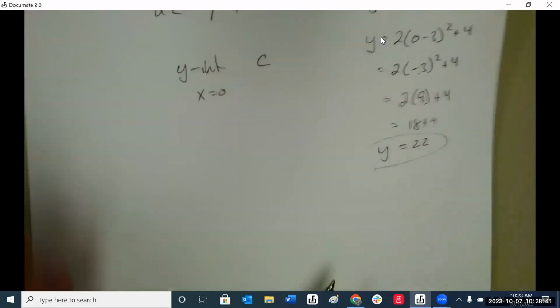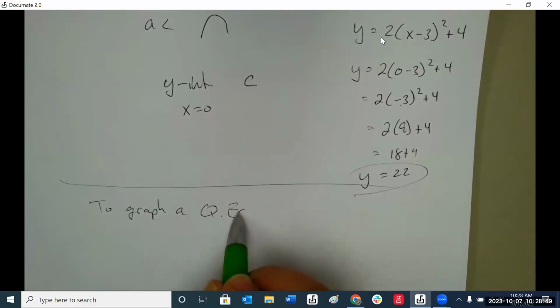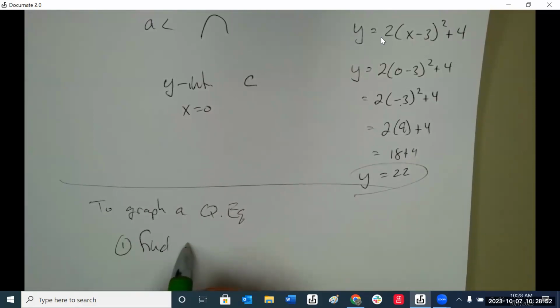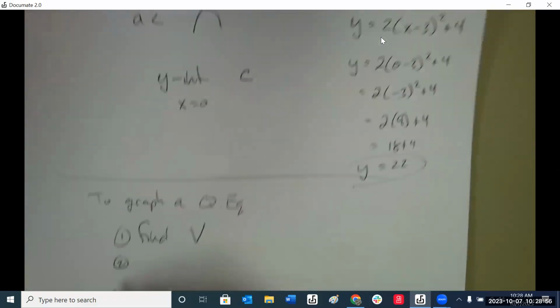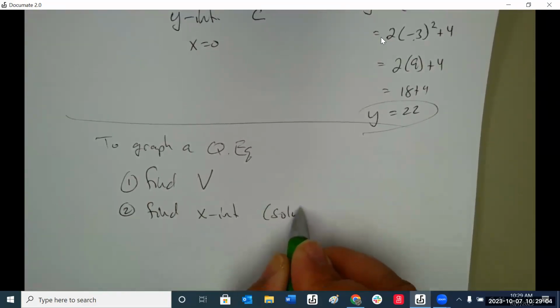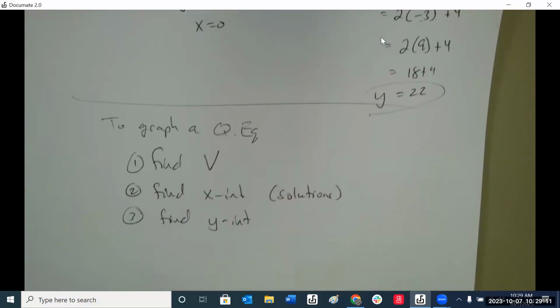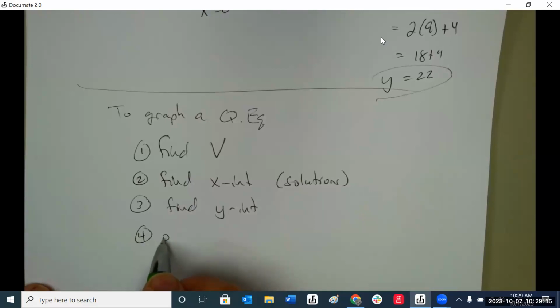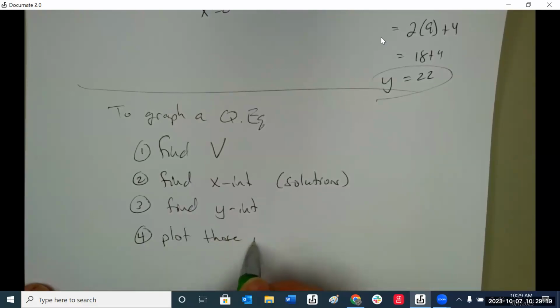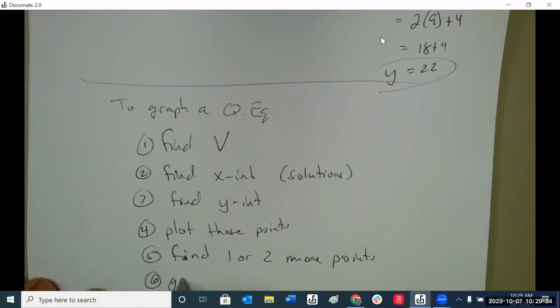So to graph a quadratic equation, find the vertex, find the x-intercepts, the solutions, find the y-intercept, plot those points, find 1 or 2 more points, and then graph.